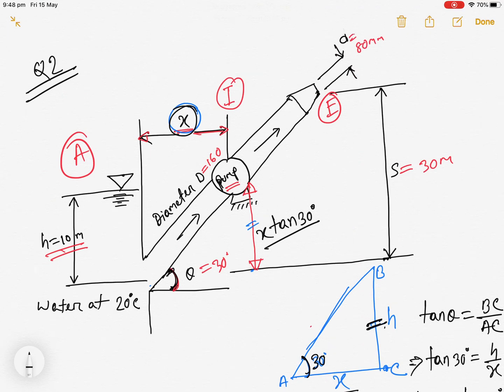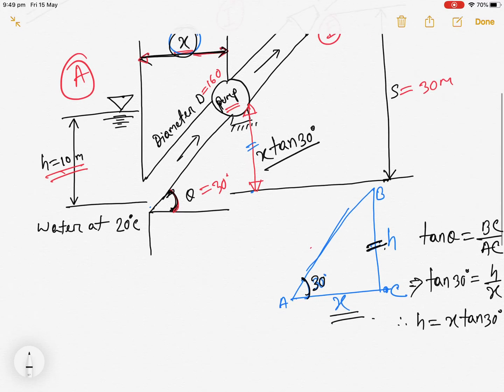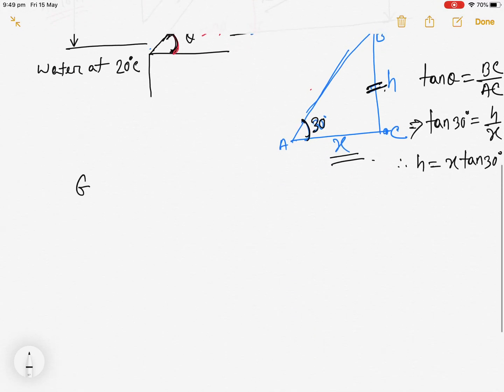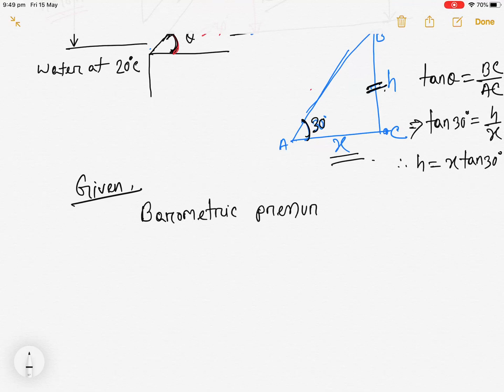So the first part of this question is we want to calculate the distance where the cavitation starts at the pump. So if I start like this, what sort of information is given? If I write it down, we know the barometric pressure. It is given 101.3 kPa.